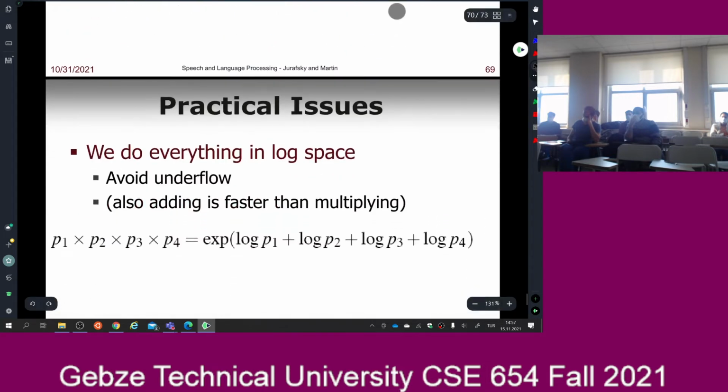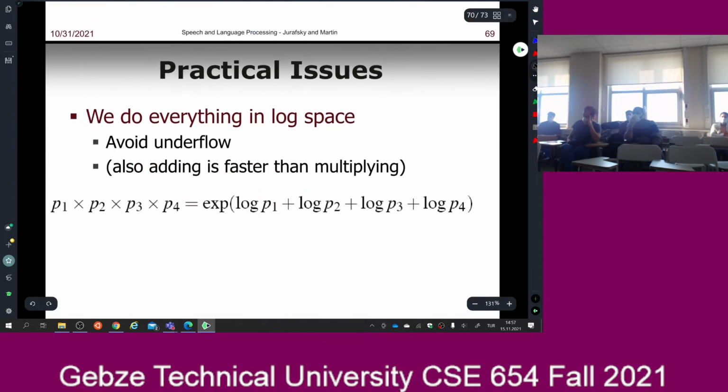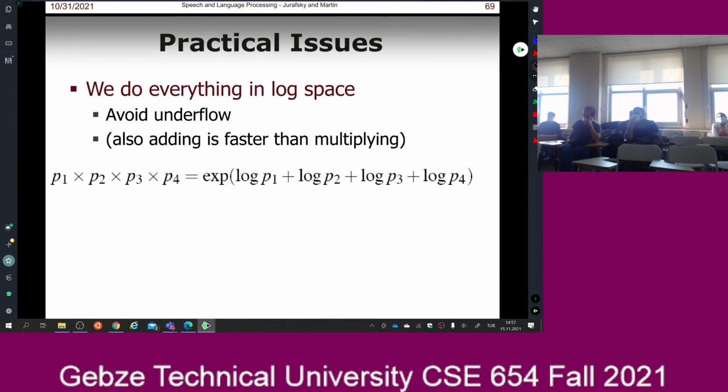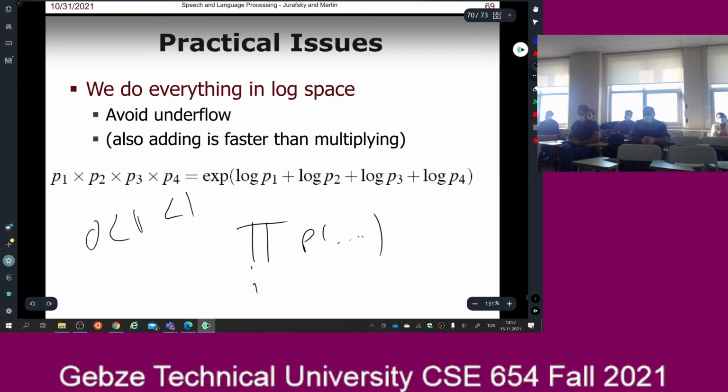Okay, good. One thing that happens a lot, and this will happen in your homework too: the chain rule, remember the chain rule? It has this large pi of probabilities. You need to multiply lots of numbers between 0 and 1. Every time you do this multiplication, the number gets smaller and smaller and closer to 0.